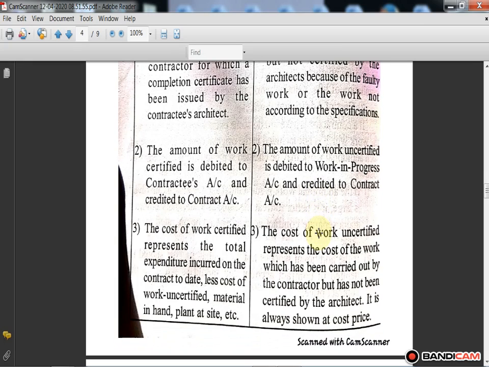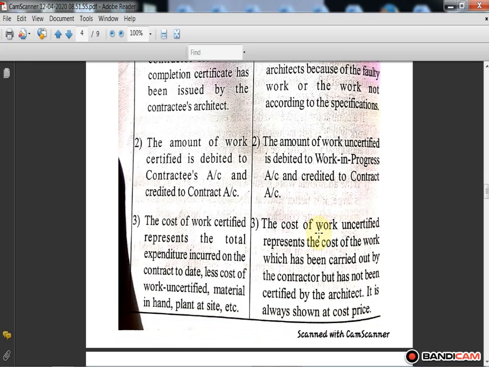Second point, the amount of work certified is debited to contractee's account and credited to contract account. Remember this.